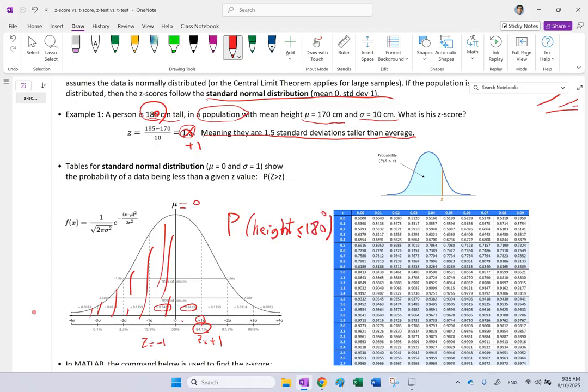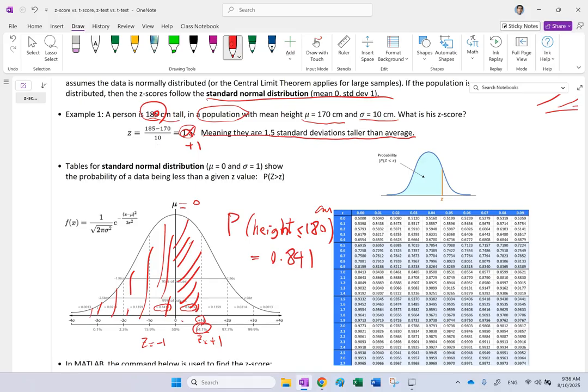What percentage of the people have a height below 180 centimeters? So the chance is, you say, well, since it's less than z plus 1, I need to calculate it anywhere from negative infinity to z of positive 1, and you see the chance is 0.841. 84% of the people are below this height.